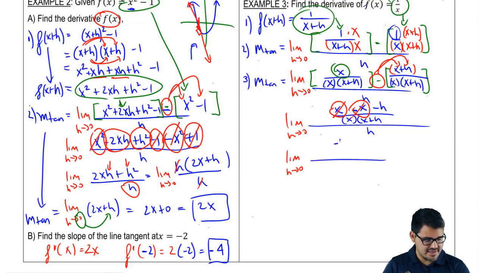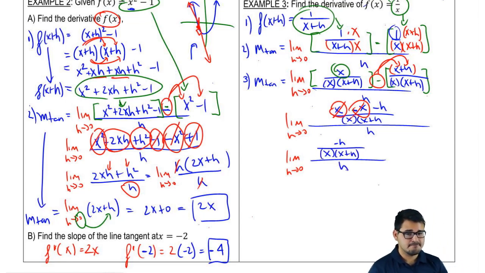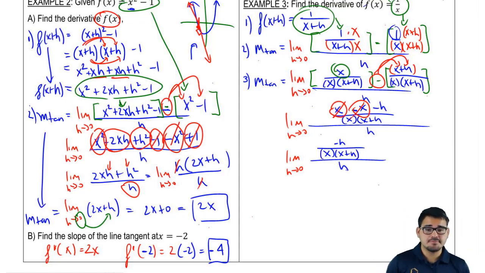All I have left is just that negative h divided by x plus h. And that's going to be over h, right? So I do my h check, and everything on the numerator has an h. But what exactly is my numerator? Is it going to be this h, or is it going to be the whole numerator?